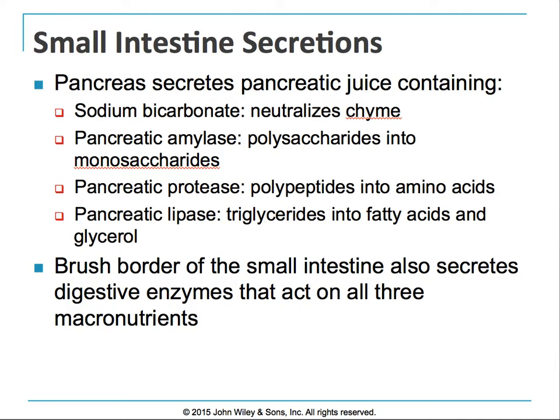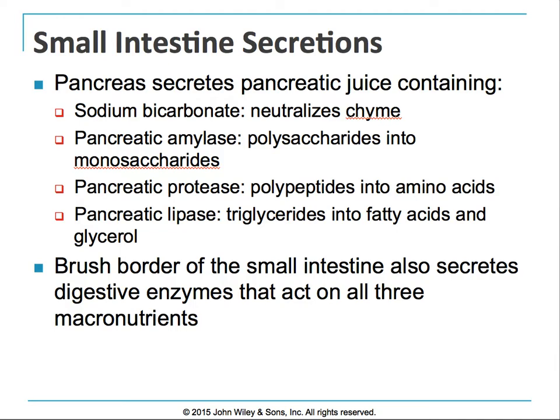We'll talk more about saccharides when we talk about carbohydrates, but looking at the prefixes, we can tell polysaccharides are carbohydrate molecules that are made up of multiple sugar units. Okay, so maybe multiple glucose molecules all bonded together. The pancreatic amylase comes in and breaks those bonds into monosaccharides, or single sugar units.